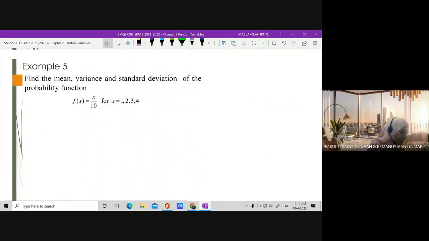So mean or expected value of x, be careful of how you write your x, capital letter. So now we know that expected value of x is equal to summation of x multiplied with f(x), where i is from any value to any value.